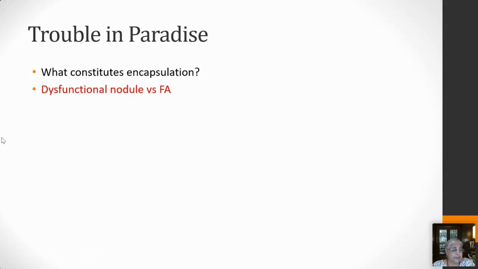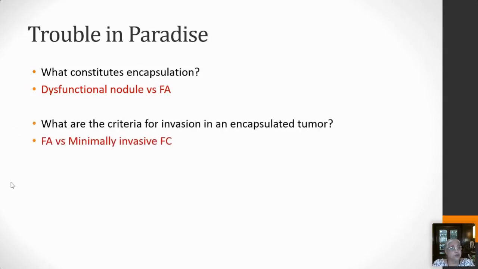You have some capsules that are extremely thin. And then how do you distinguish a dysfunctional nodule from a follicular adenoma? There's no invasion, of course, but you have nodules in a nodular goiter. Now, how do you distinguish a solitary nodule of a nodular goiter, or what we call a dysfunctional nodule, from a follicular adenoma?